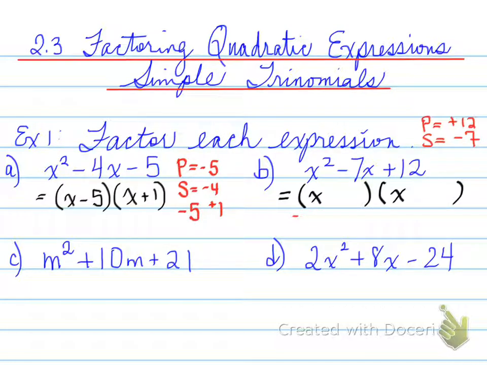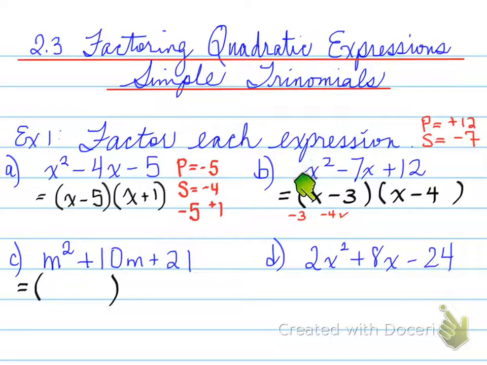Let's try another combo for +12, -2 and -6. Does that add to give us -7? No. Let's try the next one, -3 and -4. Does that add to give us -7? Yes, it does, folks. So in the brackets, we're going to have x minus 3 and x minus 4.